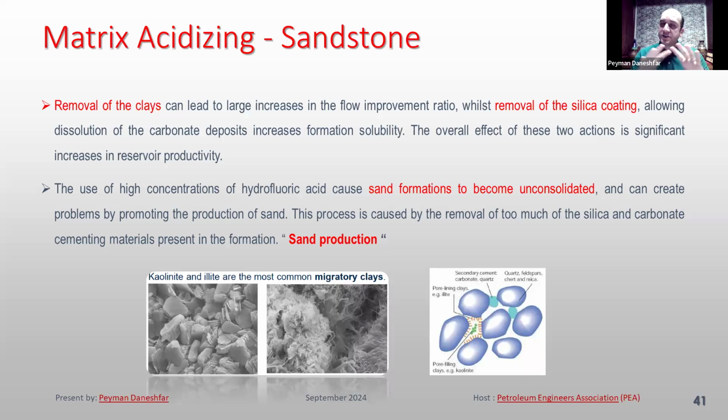Okay, everything's good. But when you use the highest strength of HF, maybe you remove more and more, and after acidizing you are confronted with sand production. So you should consider the strength of the HF acid in your acidizing, and also finding the value of the overflush that contains HCl acid.